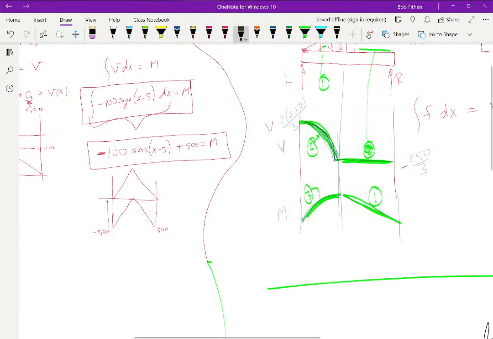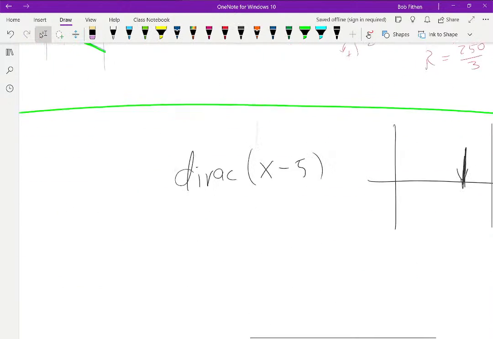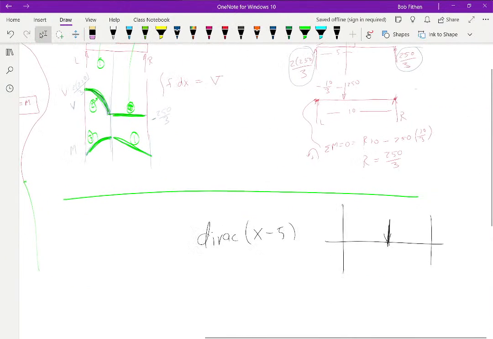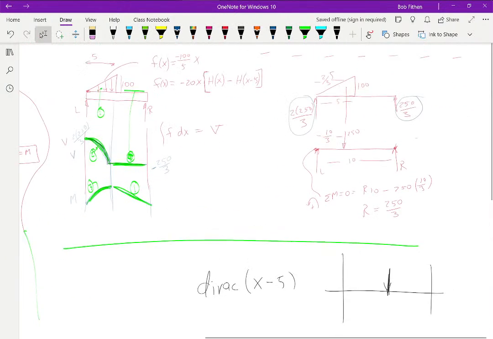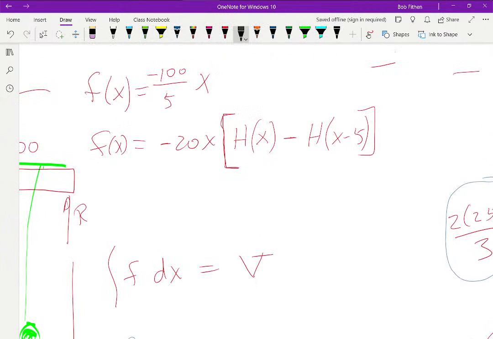Then you have what are called Heaviside step functions, which what I did here was the Heaviside step function basically became 1 at this point and minus 1 at that point. So in other words, here is that Heaviside step function.